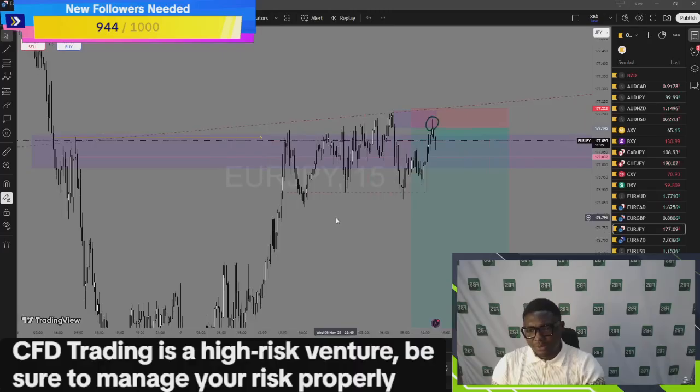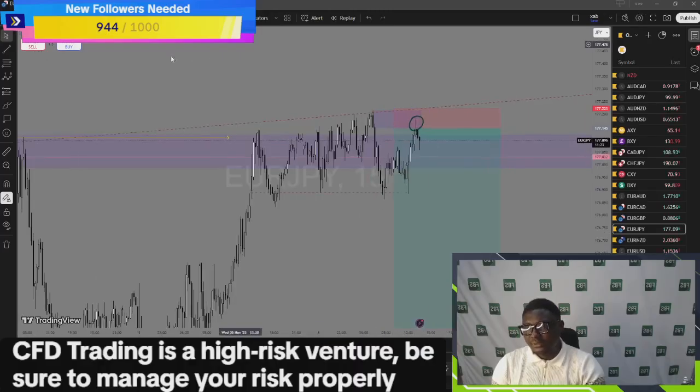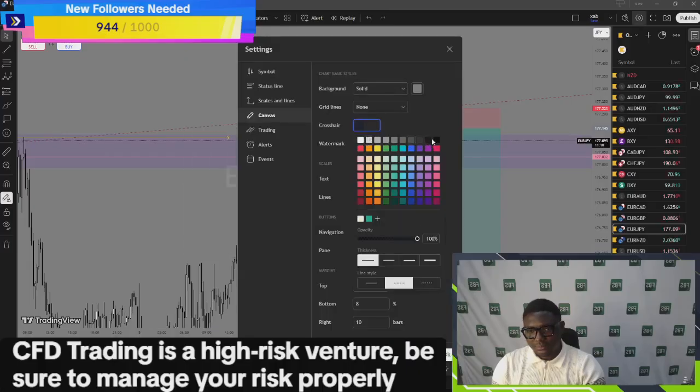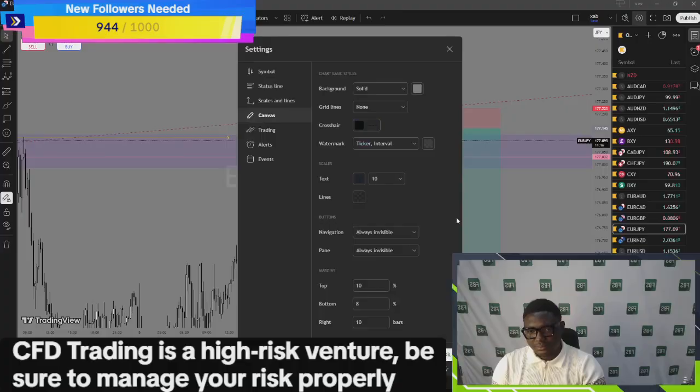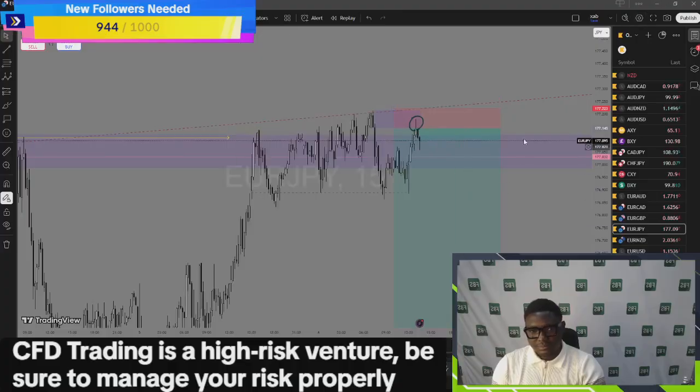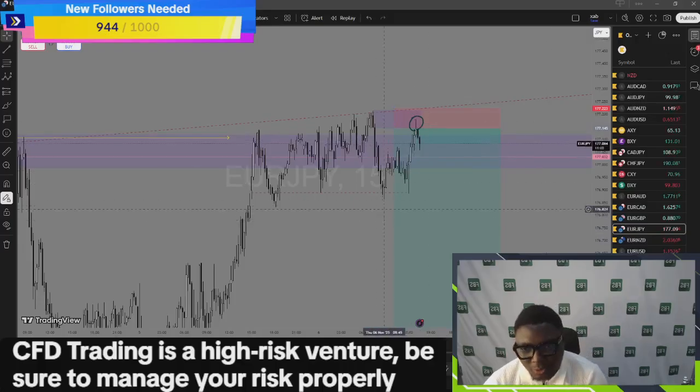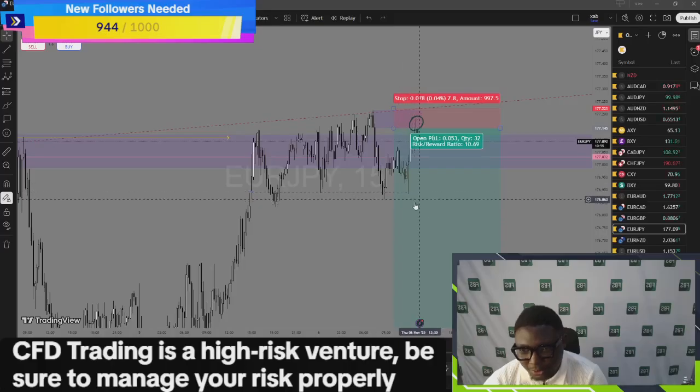Euro JPY 15 minutes. Do you guys get it? The basis for me to have confirmed that this is a high probability setup would have been a full body break below this.